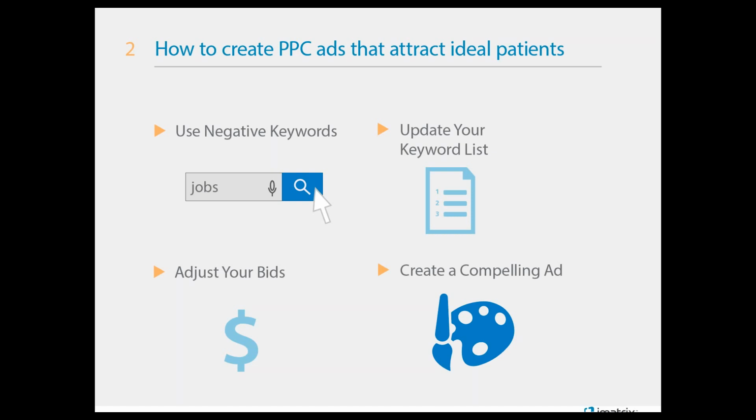You also want to basically figure out what's important to you and adjust your bids accordingly. You want to think about maybe bidding higher for exact matches on keyword searches and decreasing bids for things that are a little bit broader.